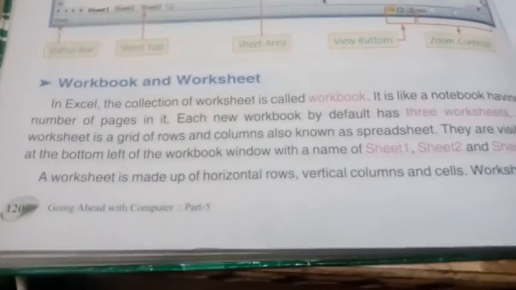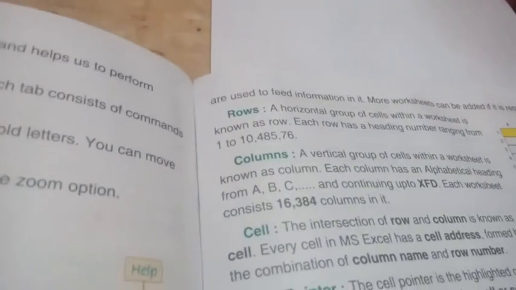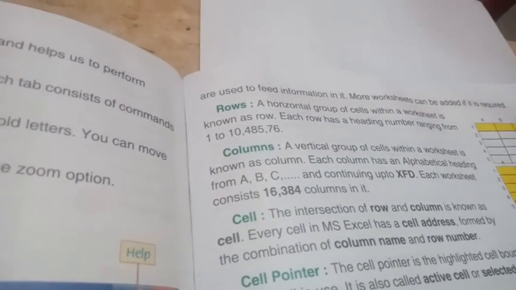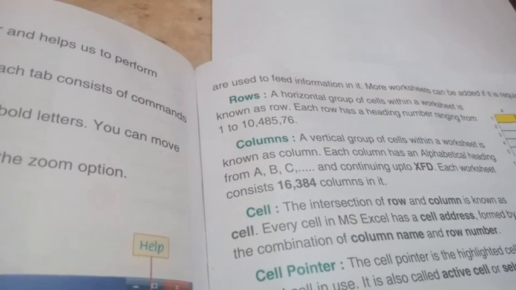Now we are moving on. Next, a worksheet is made up of horizontal rows and vertical columns. So this is about rows and columns. What is the range of rows? The range of rows is 1,048,576. Now we are talking about columns.